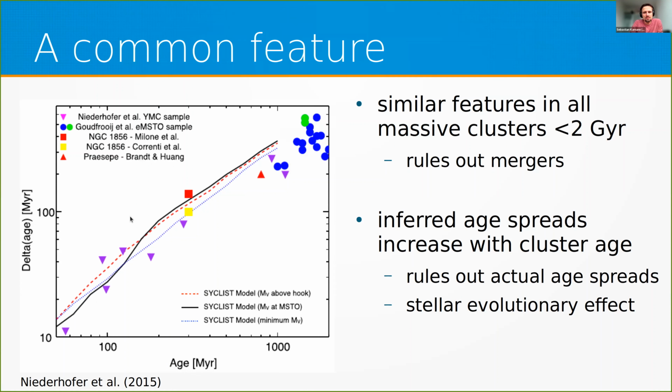This also then, I think, basically rules out that these extended main sequence turnoffs are caused by actual age spreads, because it doesn't make sense that the older a cluster, the more extended its star formation rate is. And this rather then calls for a stellar evolutionary effect causing these extended main sequence turnoffs.